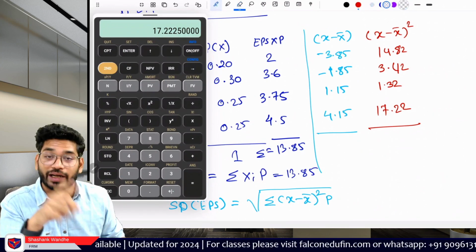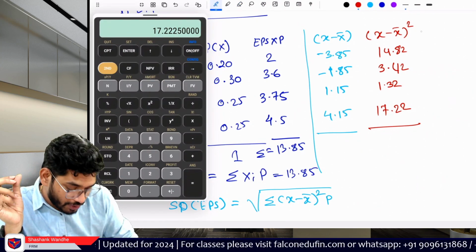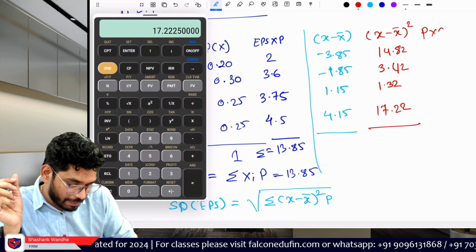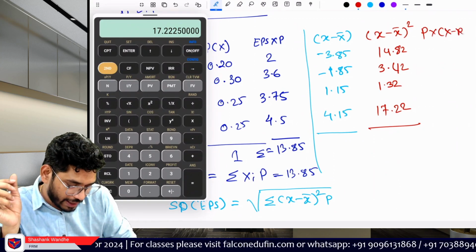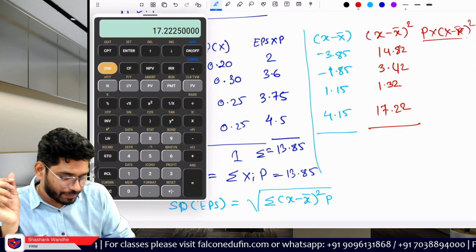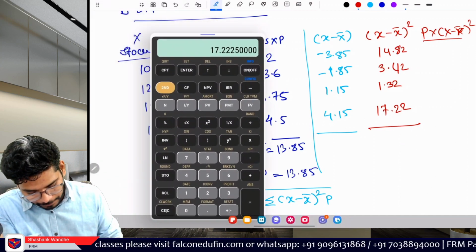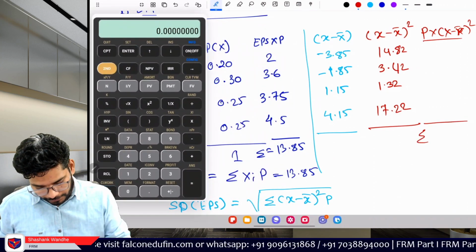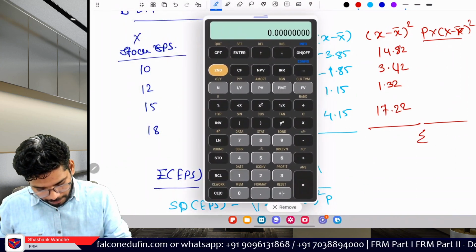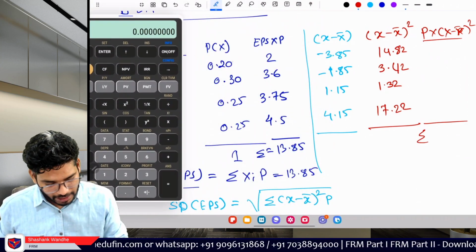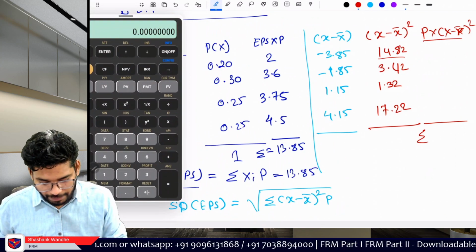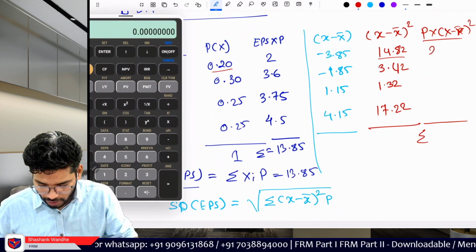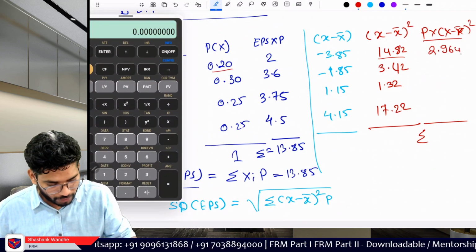Now you have to take the total, summation of x minus x bar square. Sorry, you don't need to take the total. You have to follow one more step, which is probability multiplied by x minus x bar square. Here we multiply by probability, and then we take the summation. So 14.85 multiplied by 0.20, answer is 2.964.